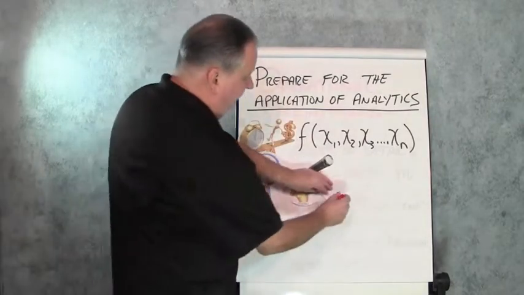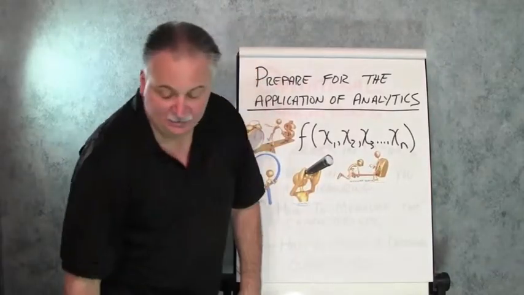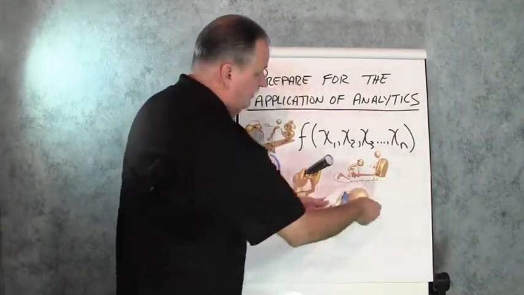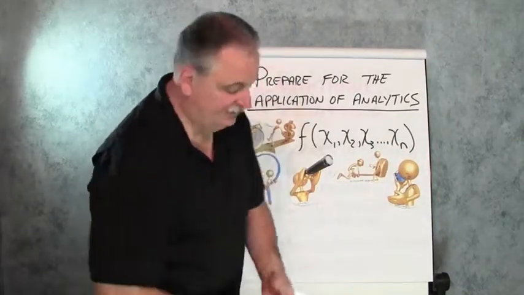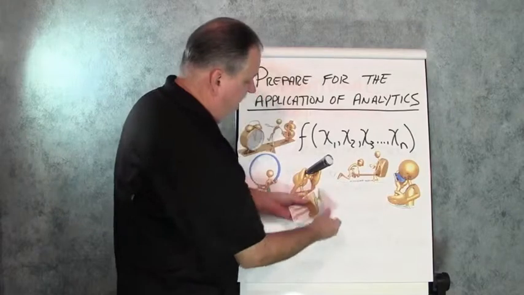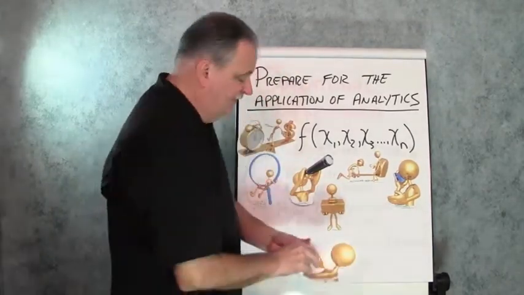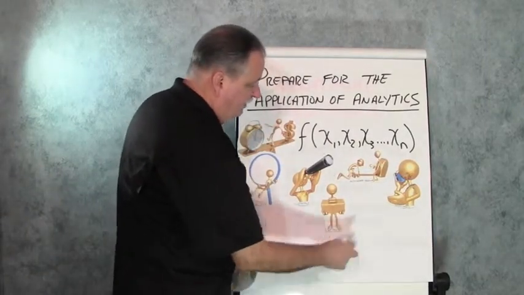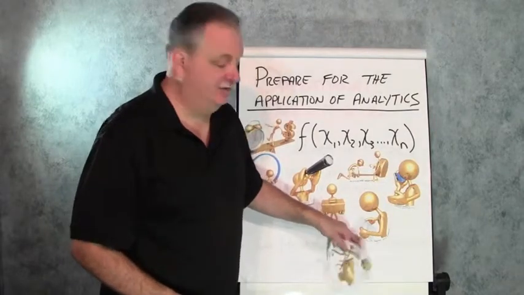What's our measurement system? How do we do communications? What are the tools that we use in our process? Here's one that's really important: policies, procedures, work instructions.